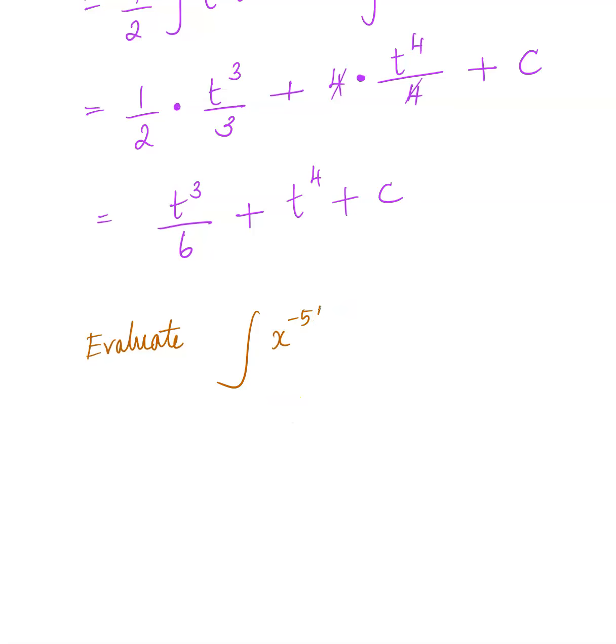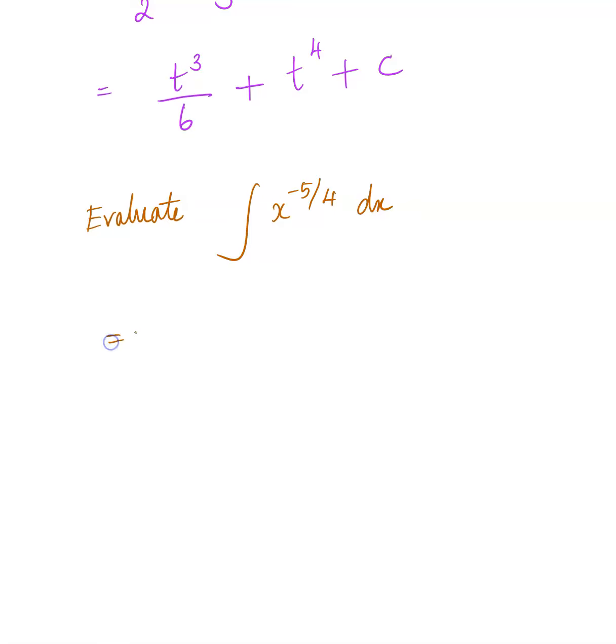Negative 5 over 4 dx. Not a problem. Plus the c. So 1 over negative 1 over 4.